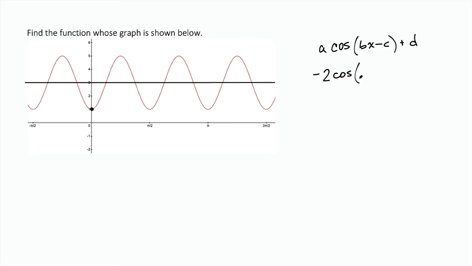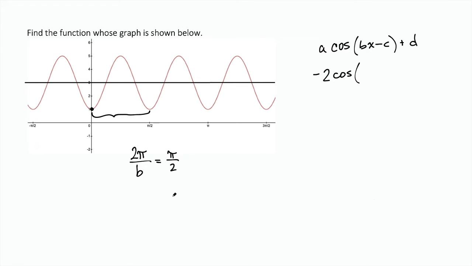For B, we need to get our period. So 2 pi over b, and for cosine, I always let b be positive because the reflection in the y-axis doesn't actually change the shape of the cosine. And the period here, we can see from minimum to minimum, is a distance of pi over 2.